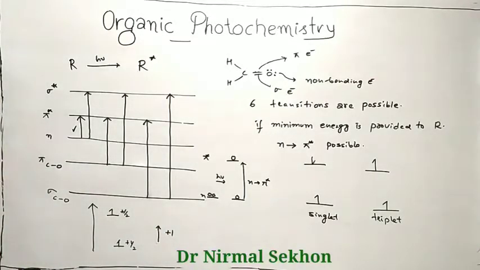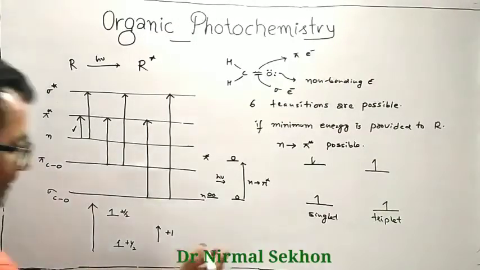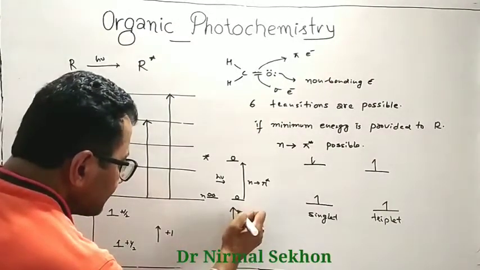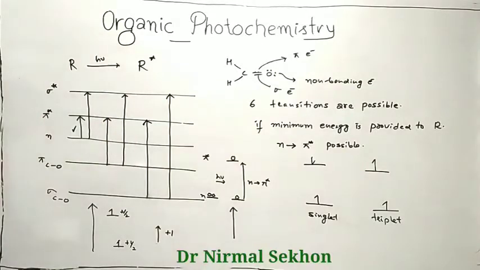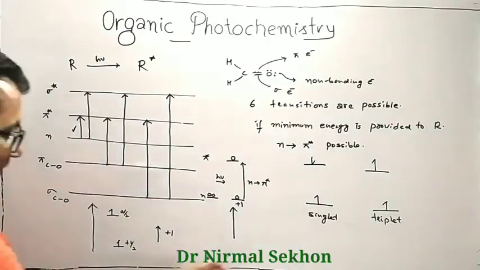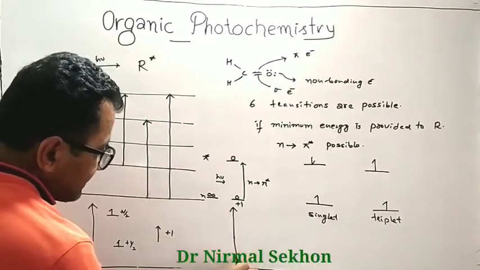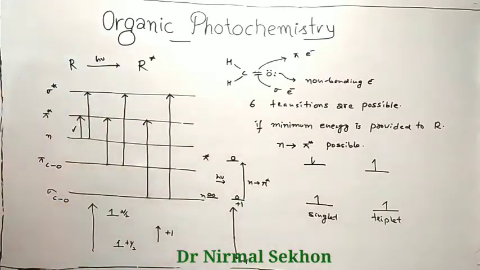Now this plus 1 spin may have 3 orientations in space. It may be in the same direction as the applied field, and then it is called plus 1. It may be in the opposite direction to the applied field, and that is called minus 1.